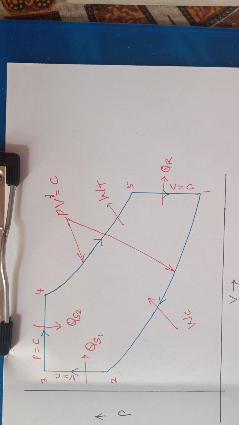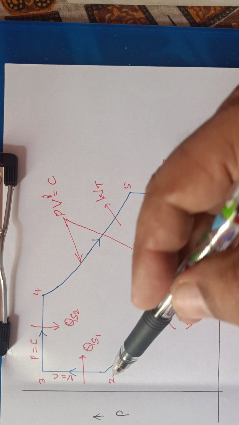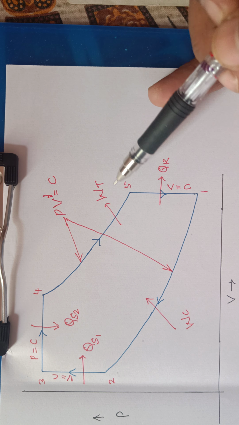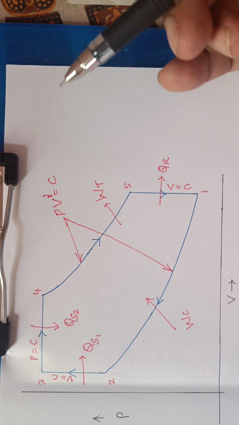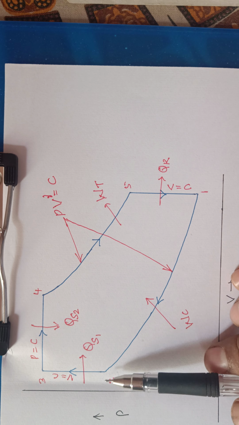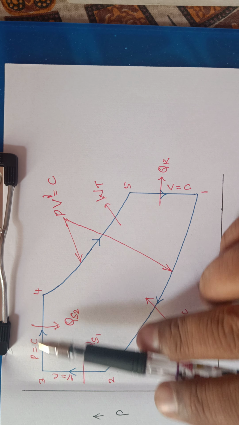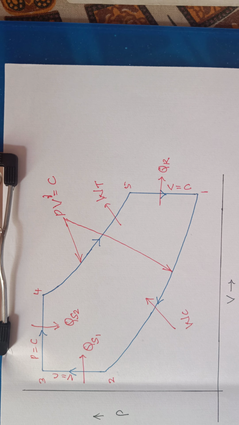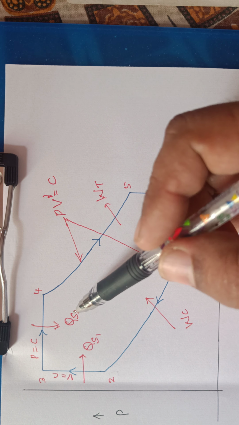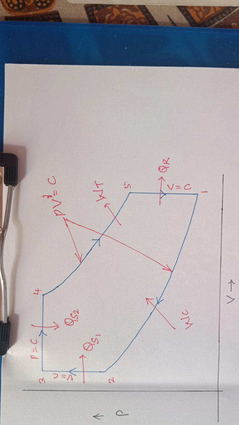This is the PV diagram. 1 to 2 is the work of compression, 4 to 5 the work of expansion, WT. 2 to 3 and 3 to 4 are the two processes where heat is added, that is QS1 and QS2, and 5 to 1 is heat rejection.